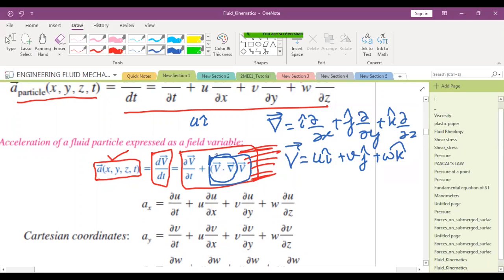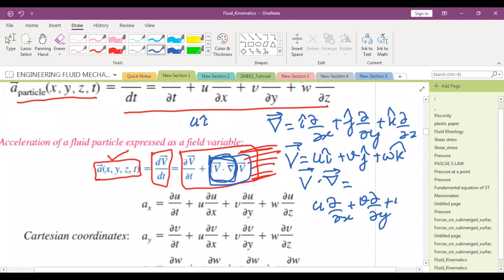Now let me know what V dot del will be equal to. u ∂/∂x plus v ∂/∂y plus w ∂/∂z. Clear? Any doubts in this expression?